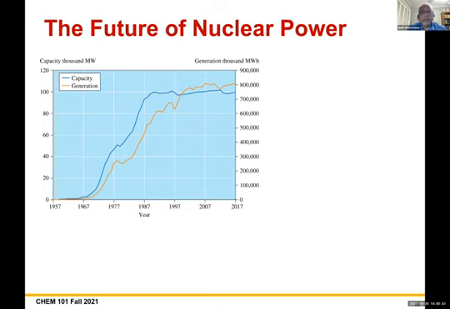But there's a tendency to increase the efficiency, as shown by that orange line or yellow line. The efficiency will increase, but there was very little building of new nuclear power plants.